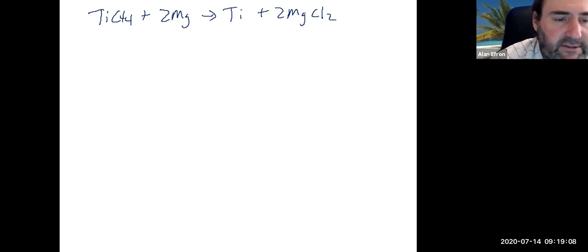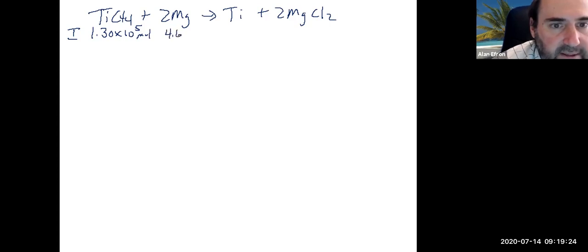Now, we're going to initially start with what we just calculated on the previous page. We start with the moles of the TiCl4, which is 1.3 times 10 to the 5th moles. And magnesium, we had 4.65 times 10 to the 5th moles. Like normal, we assume that we have not made any products yet, so those would be 0.